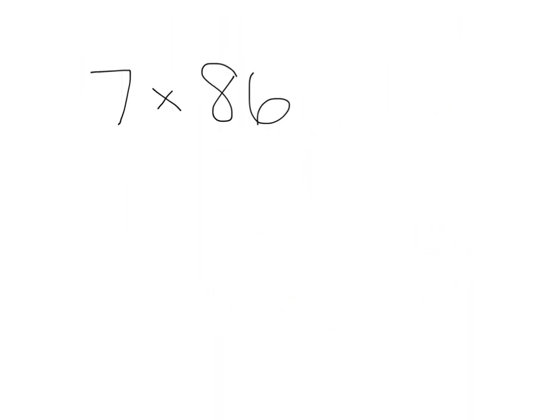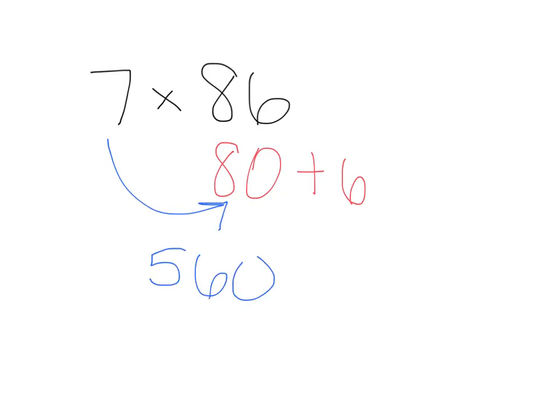You can also use the distributive property to mentally do a problem like this one. So 7 times 86. You can break apart the 86 because you know that 86 is 80 plus 6. So in your head, you could first multiply the 7 times the 80 and get 560.